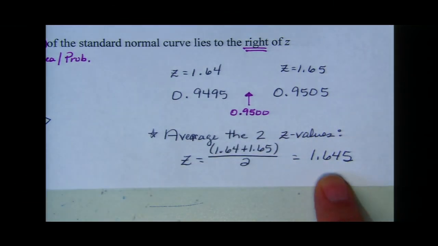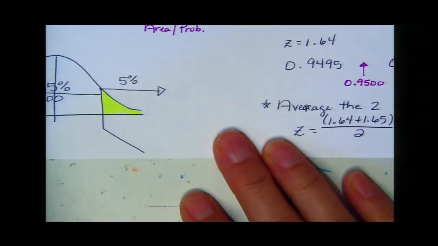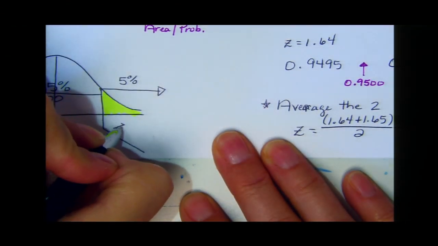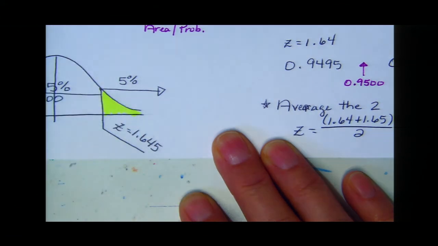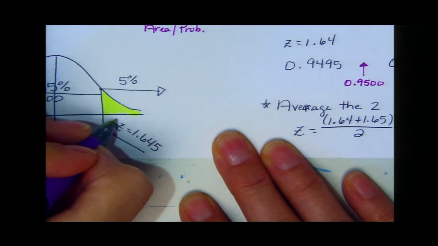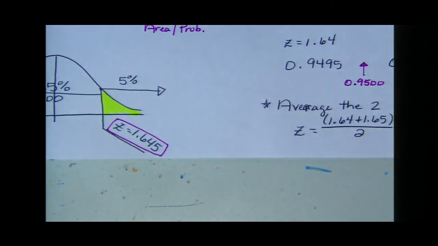This is one of the rare cases in which your z-value is 3 decimal places, and we do not round it in this situation. So the z we're looking for is 1.645.